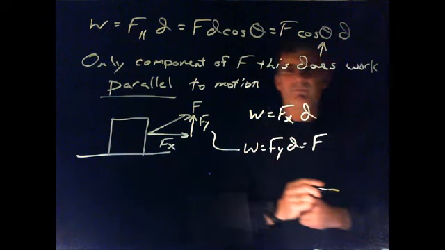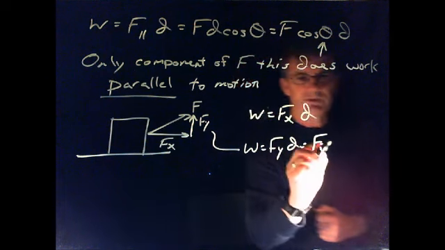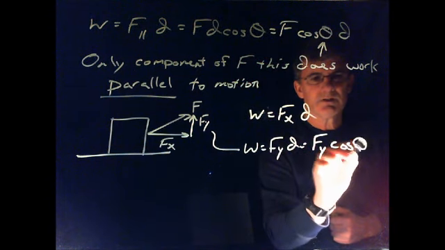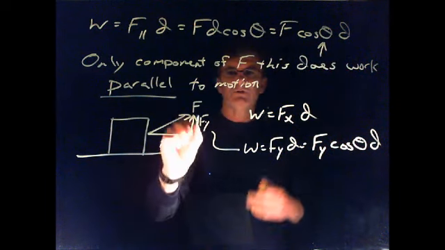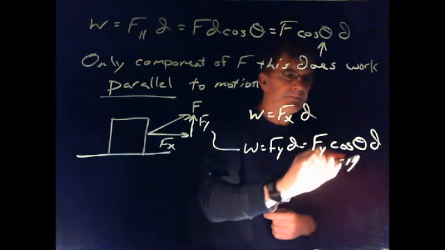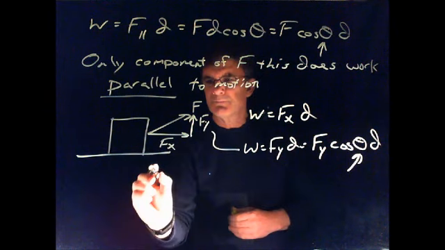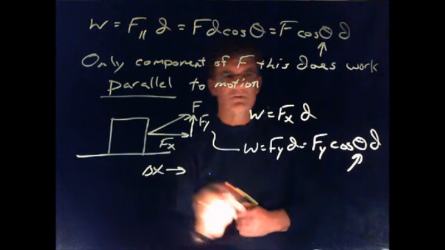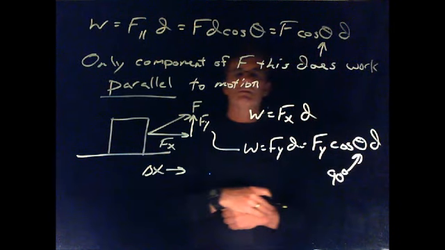This is the cosine of the angle between the force and the displacement. In this case, since the force is up and the displacement is horizontal, the angle is 90 degrees.